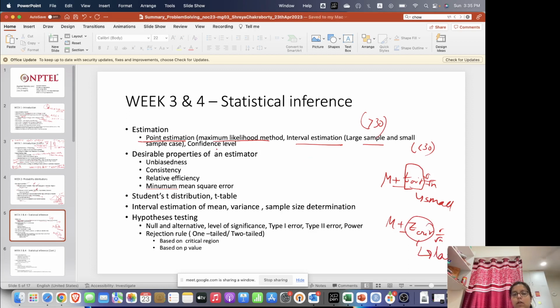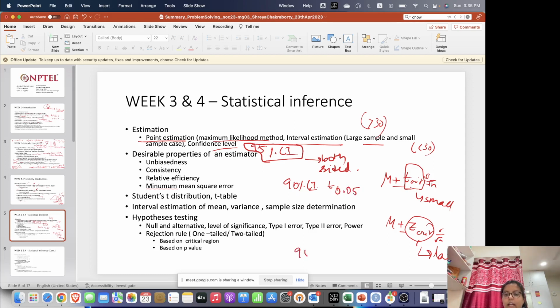Also, I was talking about the confidence level. Usually we have seen 95% confidence interval. So the point to keep in mind is that since it is always both sided, if I have 90% CI, my critical value, let's say T or Z, should be 0.05.